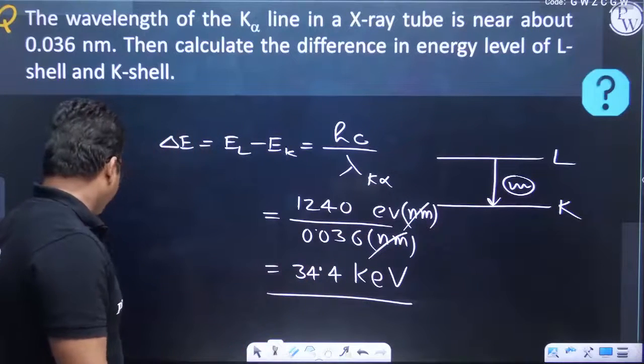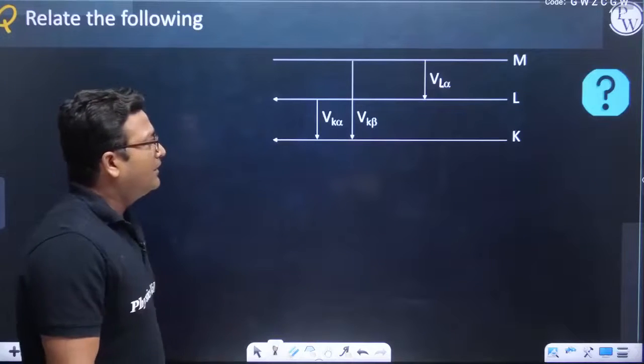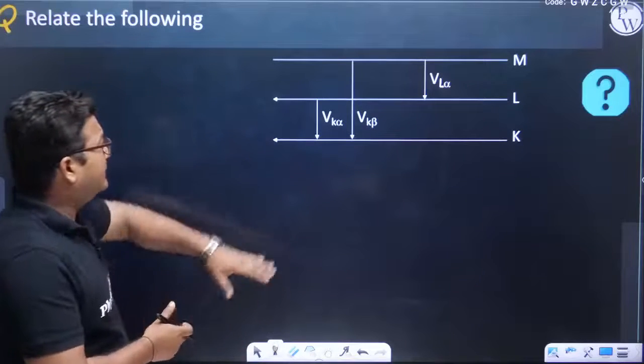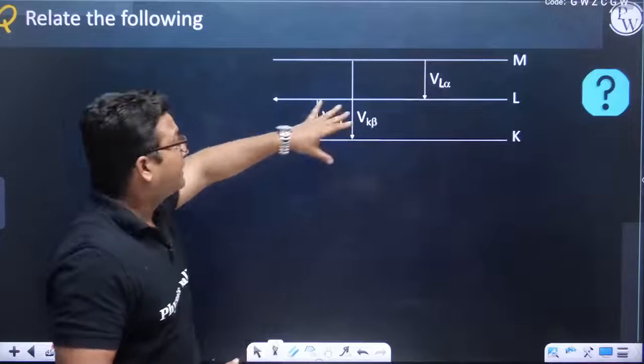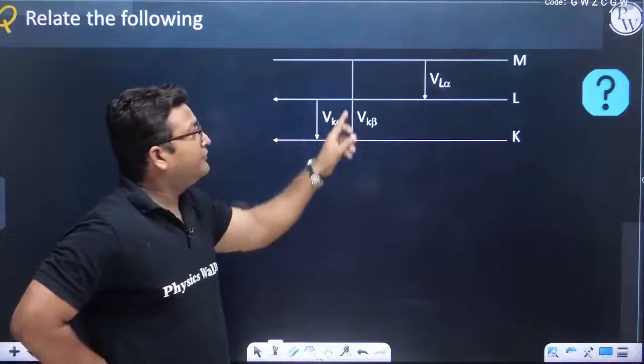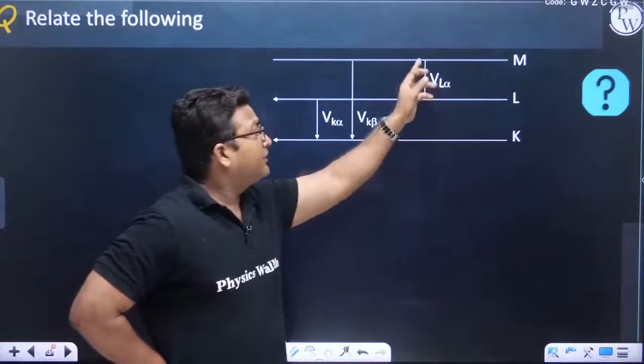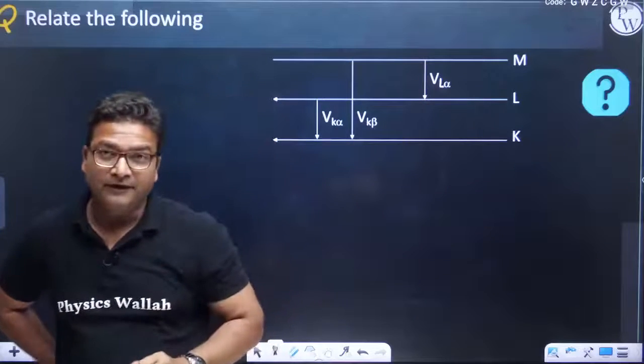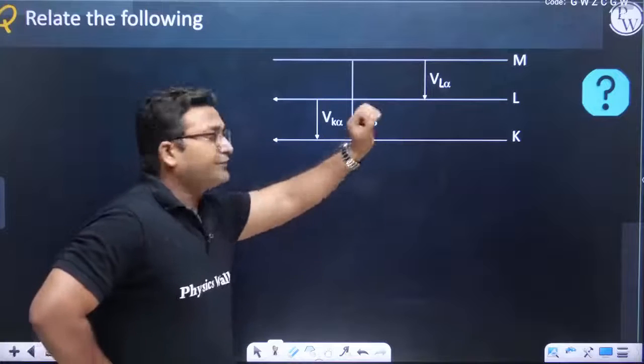Let us see what we have next. Here we have to relate these frequencies. This is the frequency of K alpha X-ray, this is the frequency of K beta X-ray, and this is the frequency of L alpha X-ray. And we have to relate these three.